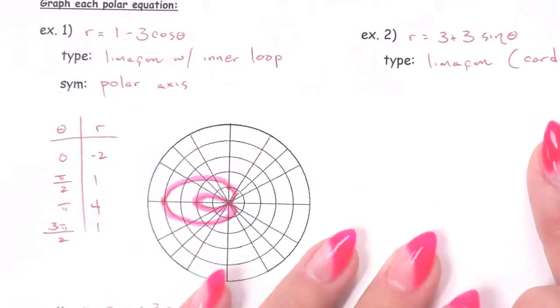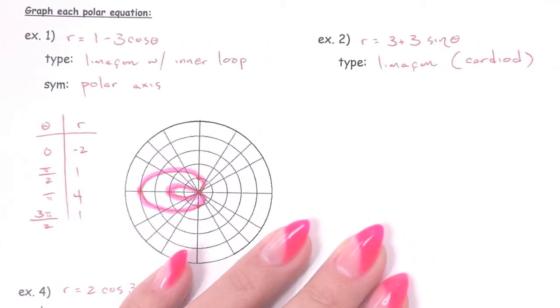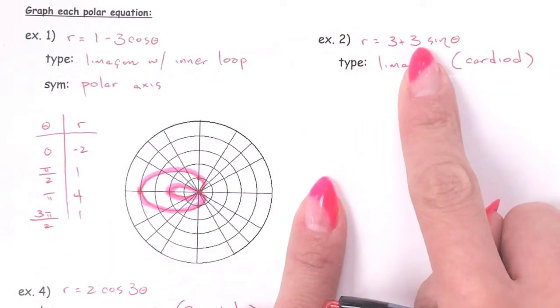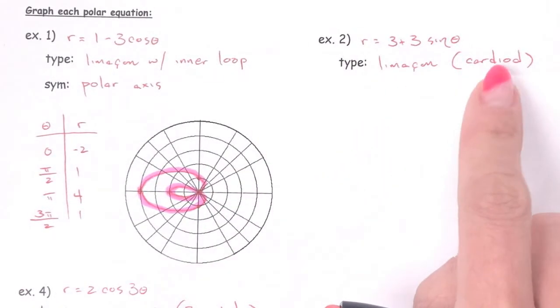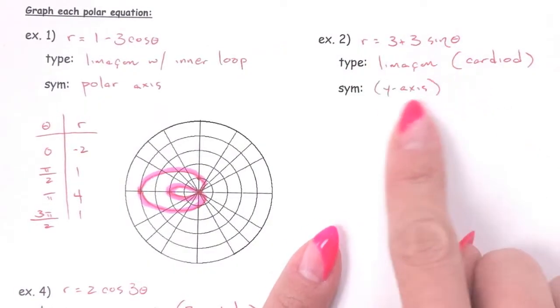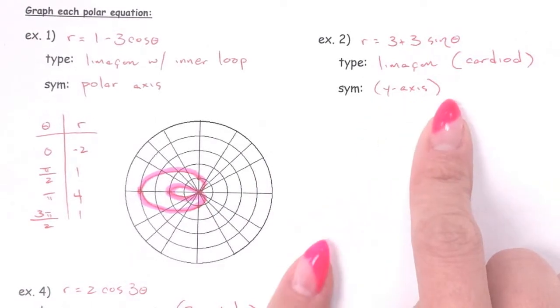And then this one, I'm going to make it a little smaller. There we go. We know this is a cardioid because it's 3 divided by 3, which is 1. So that gives you a perfect little heart-shaped cardioid. This is a sine. So sine, it's symmetric to the y-axis, but technically there's no y-axis here, so I just put that in parentheses.